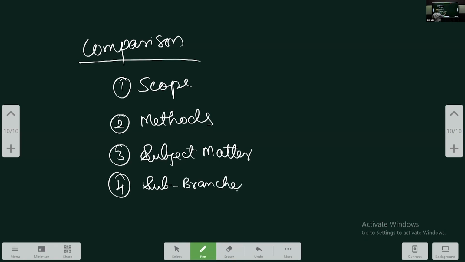And when I say compare, you need not always discuss only differences. You can also add similarities. Comparison does not have to always mean differences. So, scope of anthropology and sociology. Anthropology is studying largely simple societies. Sociology is studying mostly urban societies and also some rural societies. But anthropology's focus is largely on tribal and village simple societies. And in terms of scope, anthropology studies across time.